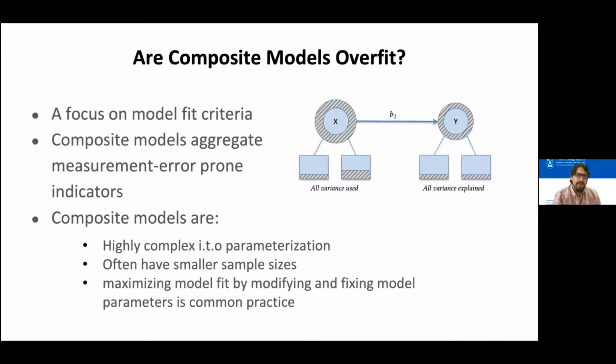But also there's the common practice of maximizing model fit, or the validity criteria of a model, such as reliability and discriminant validity. We often see indicators being dropped or relationships being fixed in order to maximize our model fit. And this too might be contributing to the overfit problem. So we see on several dimensions there are threats to our composite models becoming overfit.